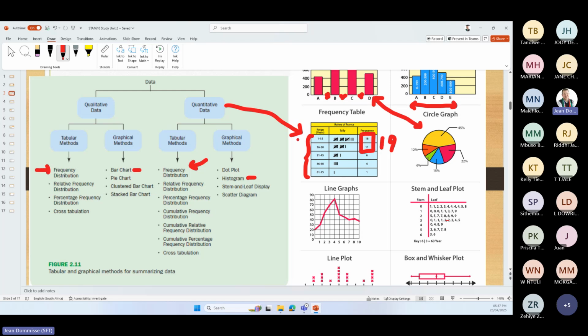So just important, when you guys get a frequency table, the first thing that you need to identify is, is that frequency table quantitative or is that frequency table qualitative?